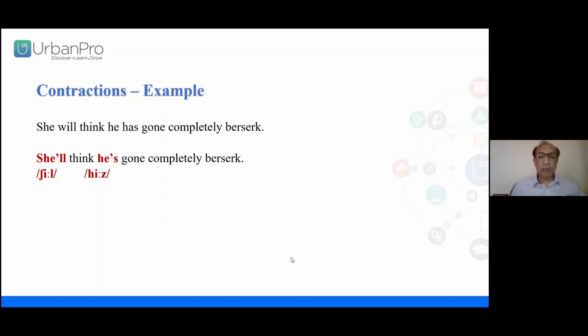Let's see this pronunciation once again for this sentence. "She will", the pronunciation is "she'll". You can see the elongated vowel sound, "she'll". And "he's", "he" and "is" becomes "he's". It's not "his", it's "he's".